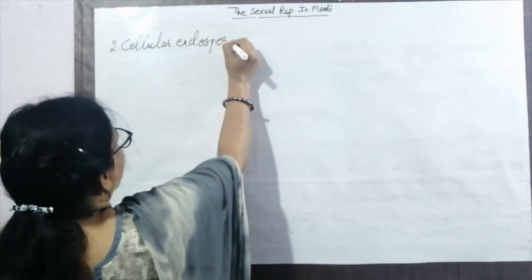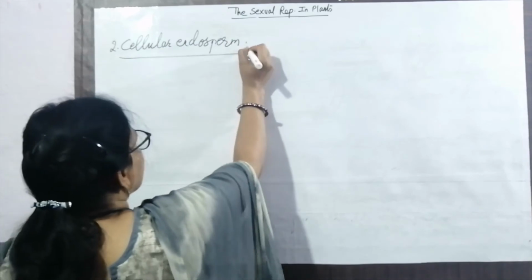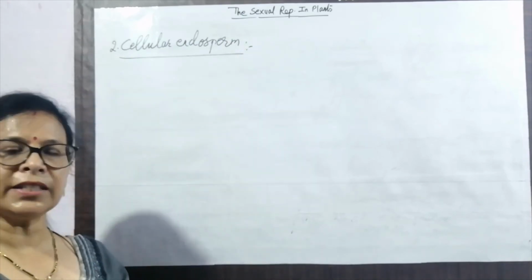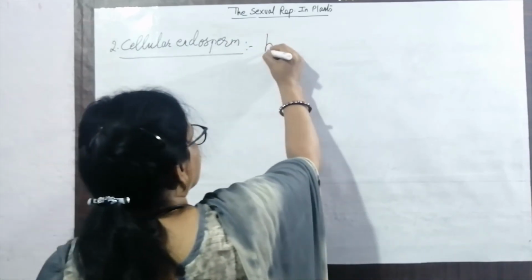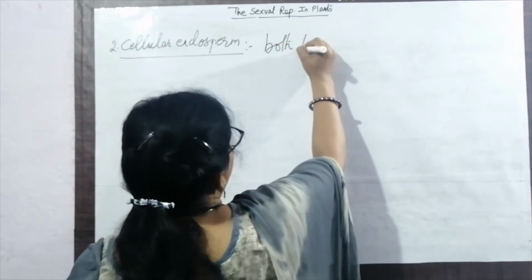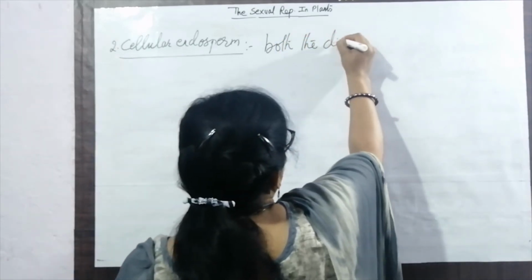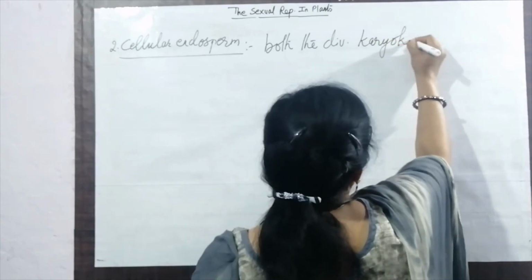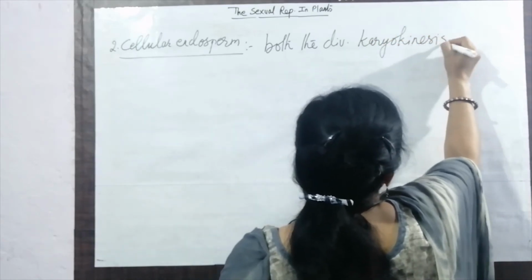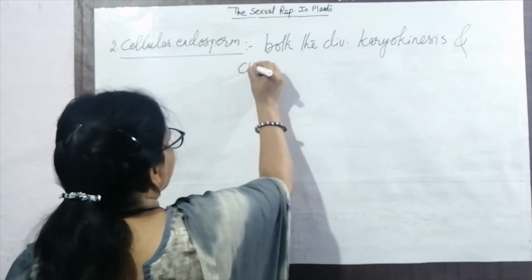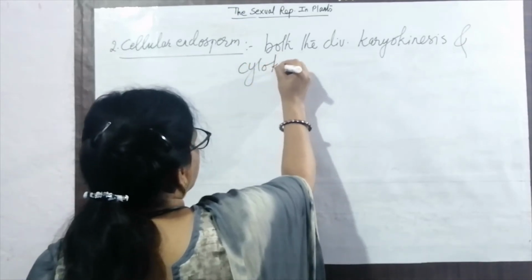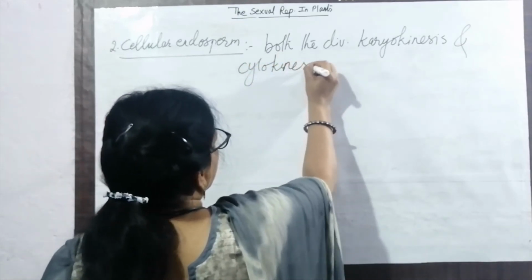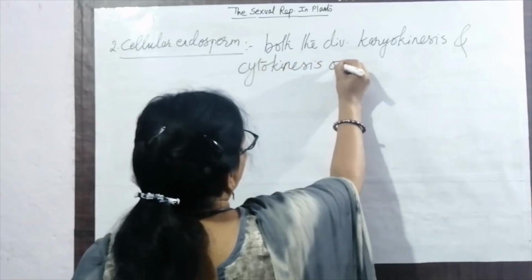What is the difference between the nuclear endosperm and the cellular endosperm? The basic difference is that both divisions, karyokinesis and cytokinesis, occur simultaneously.